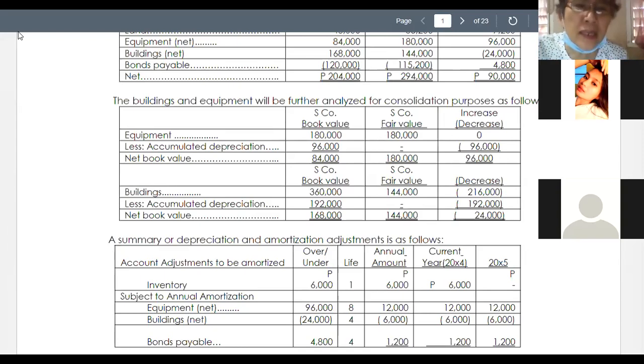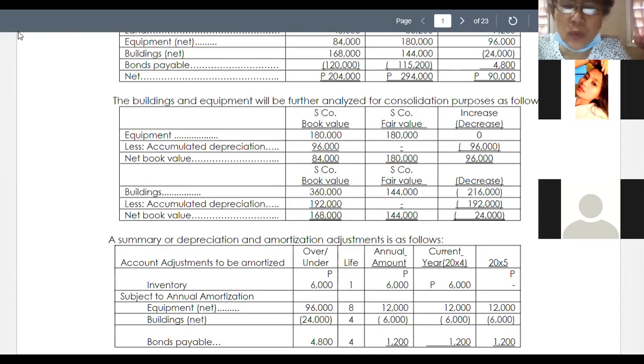Now, here we have the summary of depreciation and amortization. I have given this to you also yesterday. However, for the inventory, it was understated. Life is 1 year because during 20x4, the inventory was already charged to cost of sales.